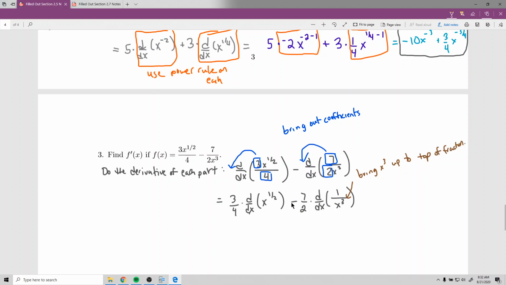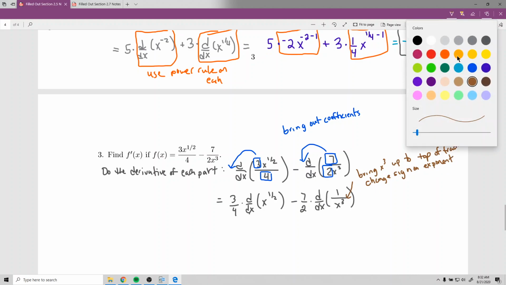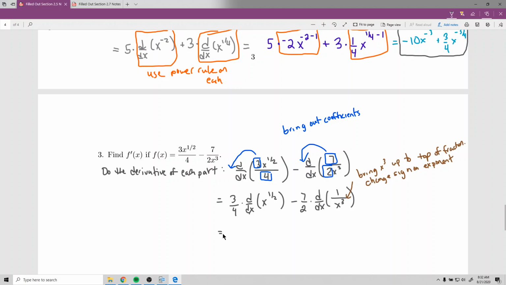If we do that, then it will look exactly like this because the 1 goes to the bottom and then dividing by 1 doesn't change anything. In order to do that, you need to change the sign on the exponent. You're allowed to bring things from the top to the bottom, you just have to make the proper adjustment.